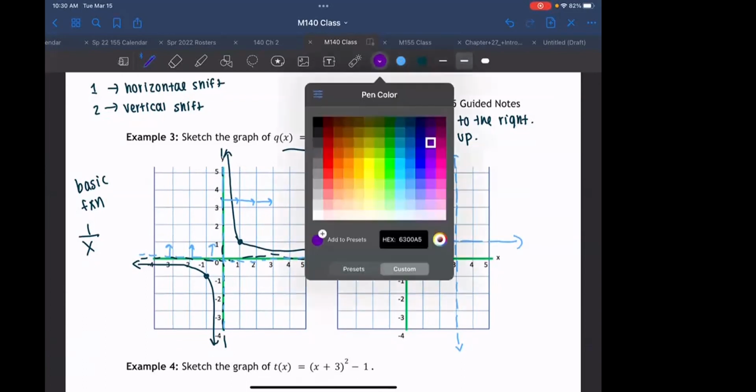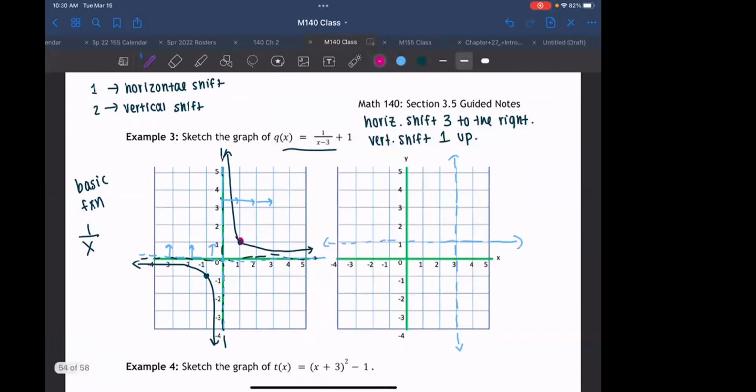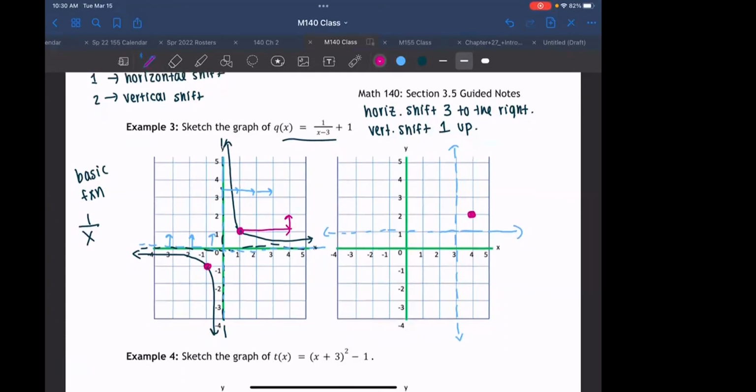Next, let's take our points. Okay, we're going to start with this one. Let's horizontally shift it 3 to the right. 1, 2, 3. And we're going to vertically shift it up 1. So our new point becomes right here. And the same thing goes with this one. 3 to the right, 2, 3, up 1, and it becomes right here.